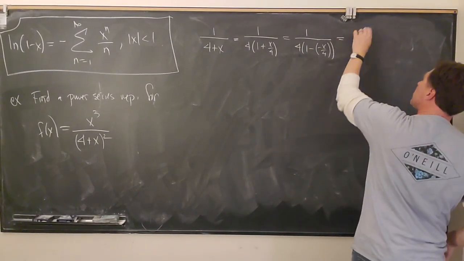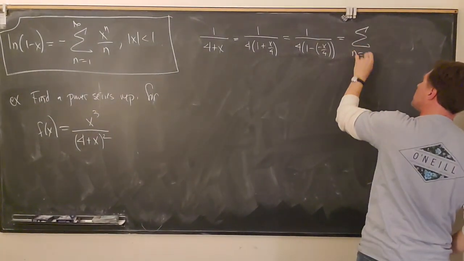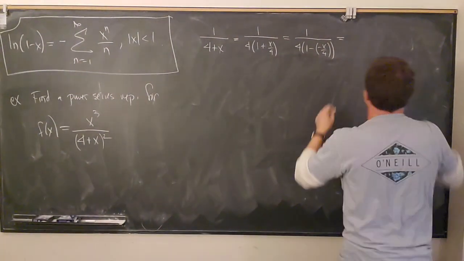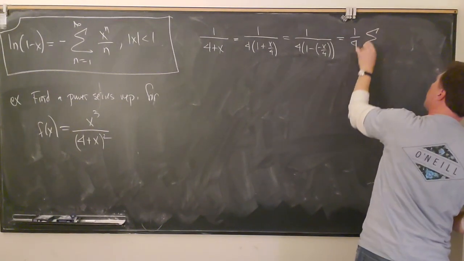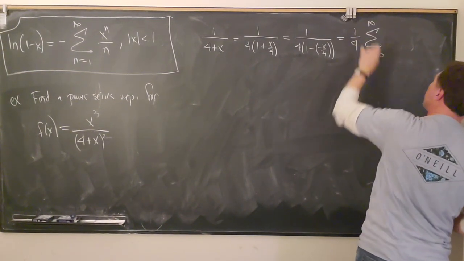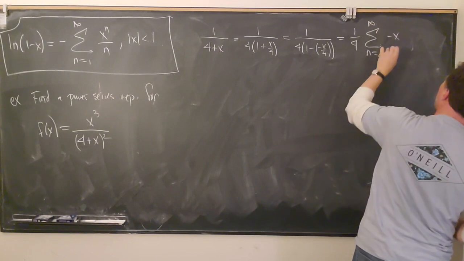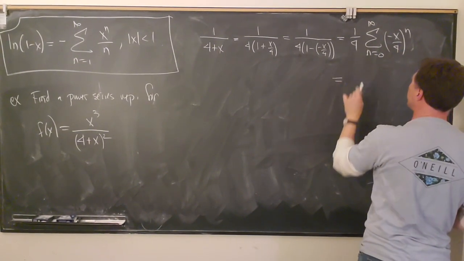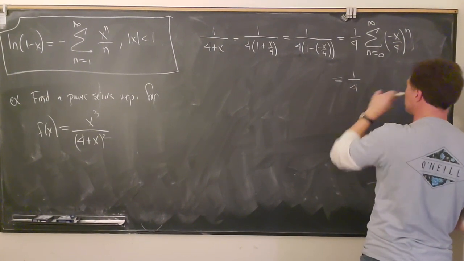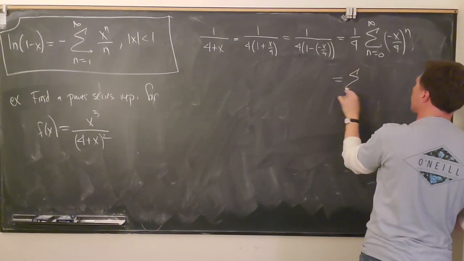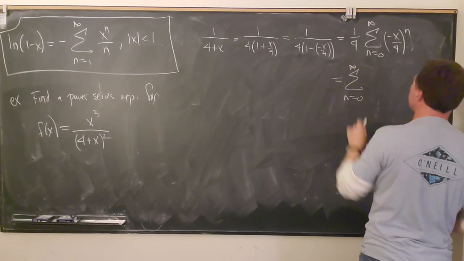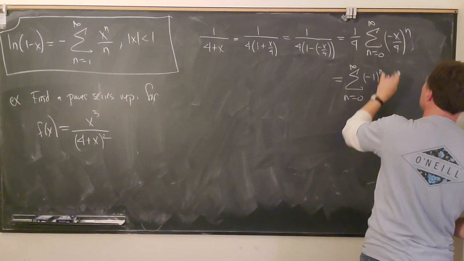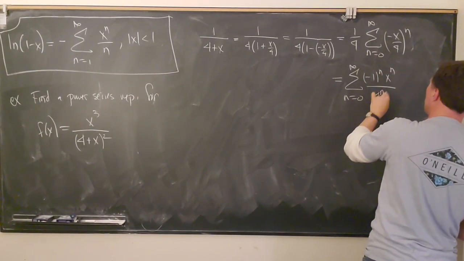So this is equal to the sum, sorry, there's a 1/4 out there. 1/4 sum n equals 0 to infinity of negative x over 4 raised to the n, which if we clean this up, is the sum n equals 0 to infinity of minus 1 to the n, x to the n over 4 to the n plus 1.